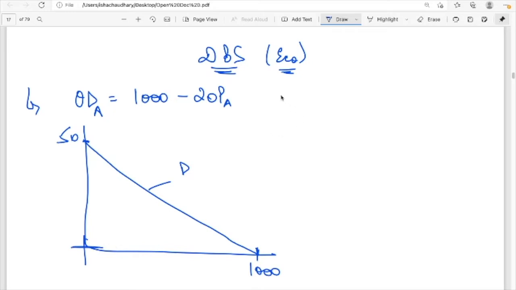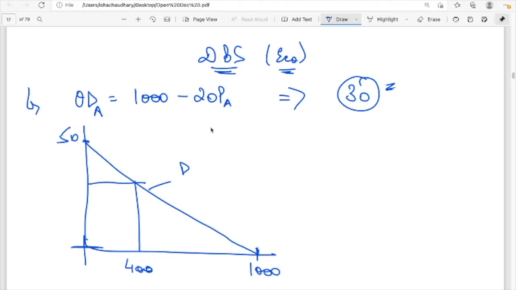So let's say I fixed my price at 30. At this price of 30, the quantity demanded will be 400. But my demand function will be the same.